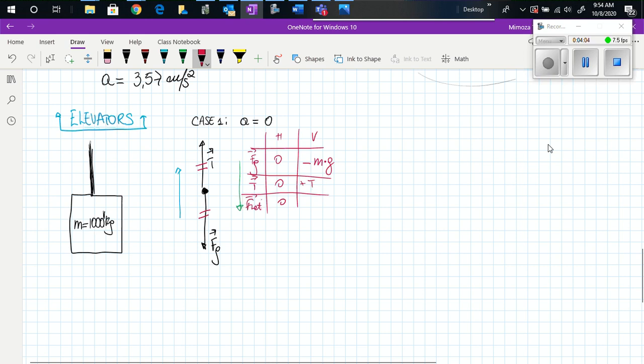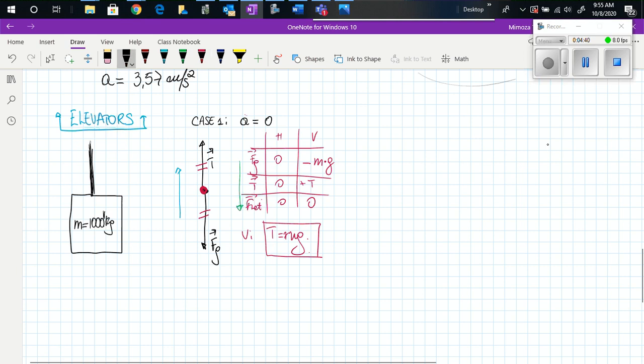Tension is positive because it is in the positive direction of the vertical component. And net force, since the acceleration is equal to 0, is equal to 0. So from the vertical, we can figure out that tension is equal to mass times acceleration due to gravity, which tells us that those two forces cancel each other, and they cancel because they are exerted on the same object.